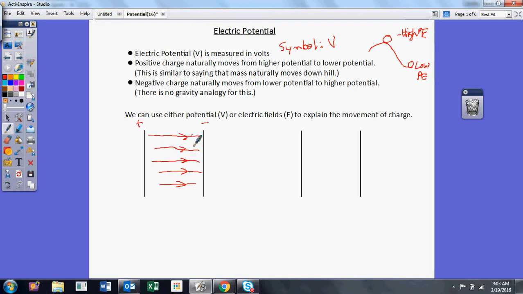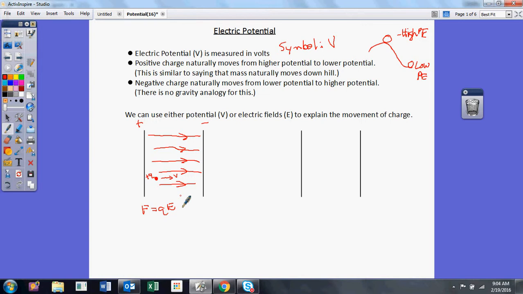And so if you imagine putting a charge in there, a charge of plus Q, it would experience a force and it would move this way. So it would end up with a velocity in that direction. And we know the force on the charge would equal Q times the electric field. So you could say, well, the charge moves because there's an electrostatic force on it due to the electric field.